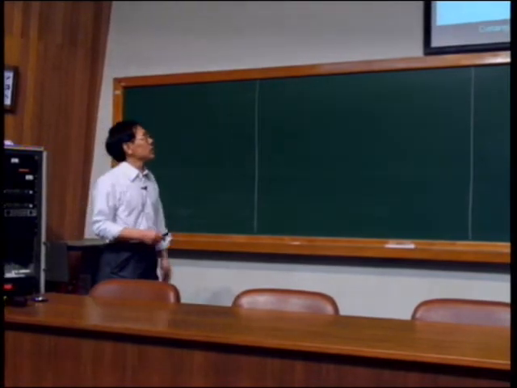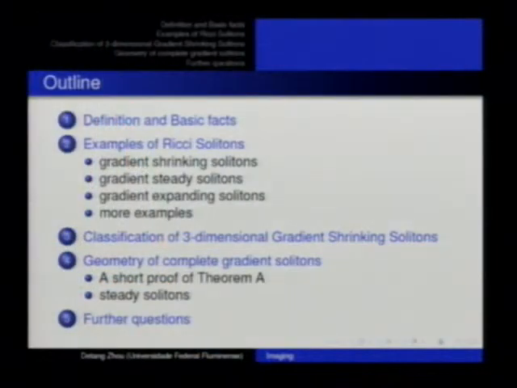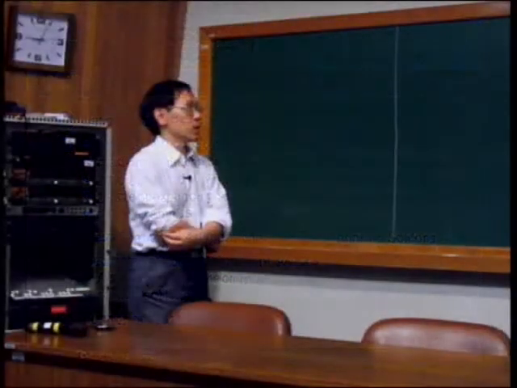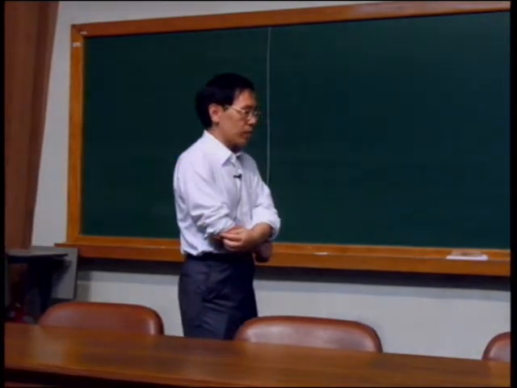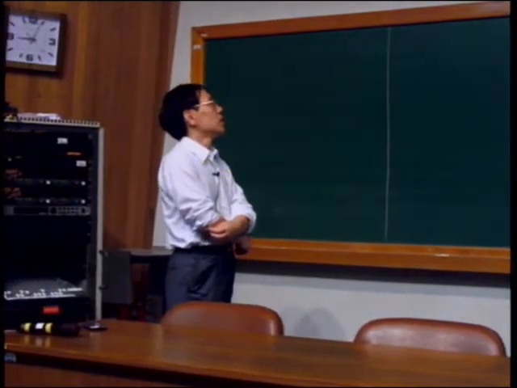First, I will give the plan or outline of my talk. In the first part, I'll give some definitions and some fundamental facts. Then I will talk about some examples, the most important examples in this area. And I separate the part on the classification of three-dimensional gradient shrinking solitons, which is very important in the proof of the Poincaré conjecture.